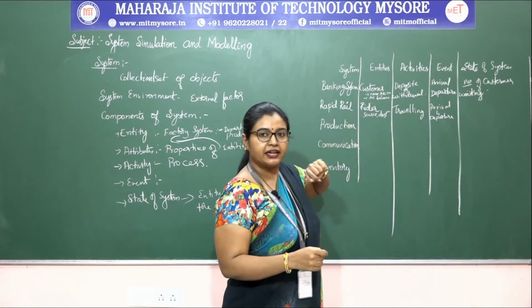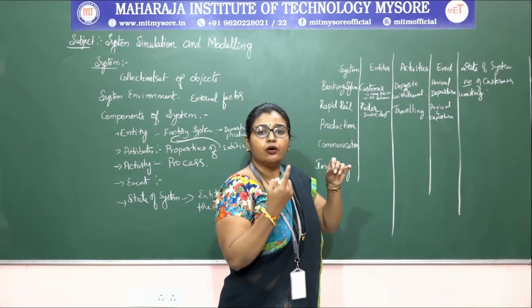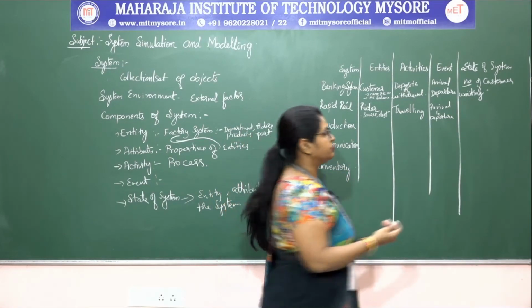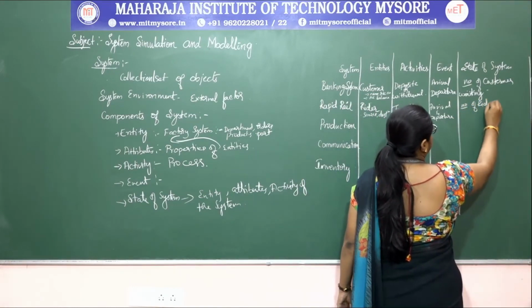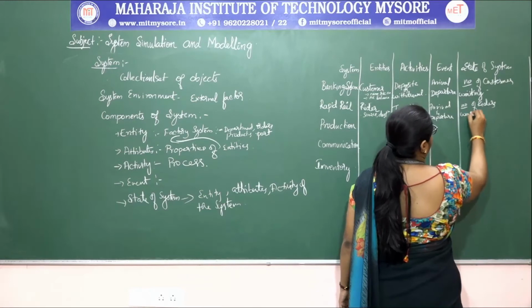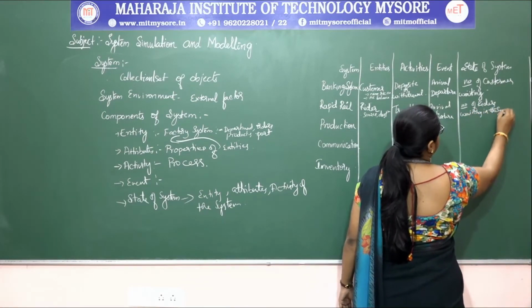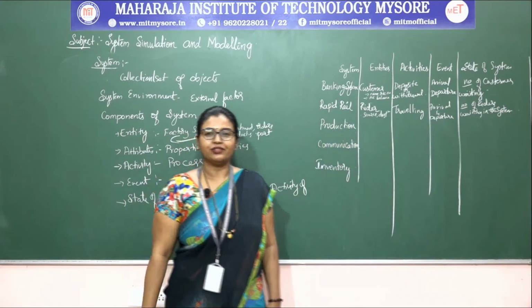So of that particular rider. And what will be the state of the variable? The number of riders waiting in the station will be the state of the system. So that is the number of riders waiting in the system. Okay. So these are the state of the system.